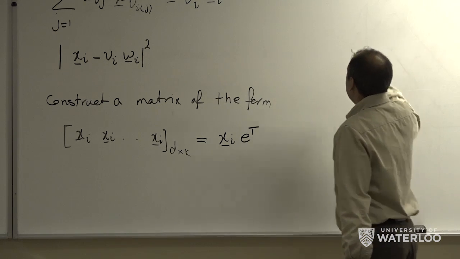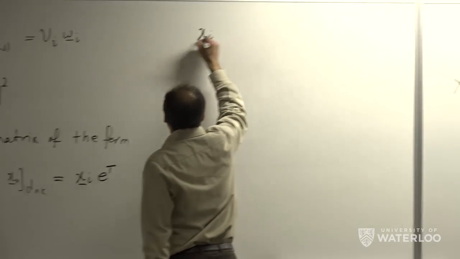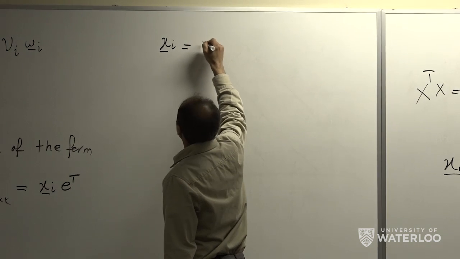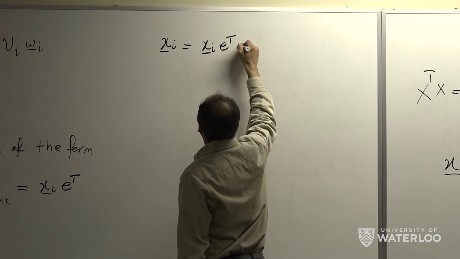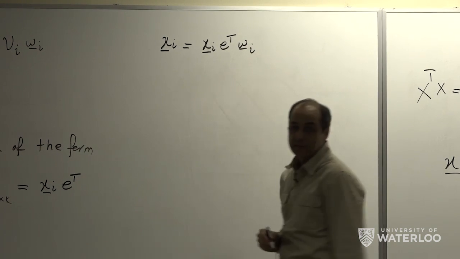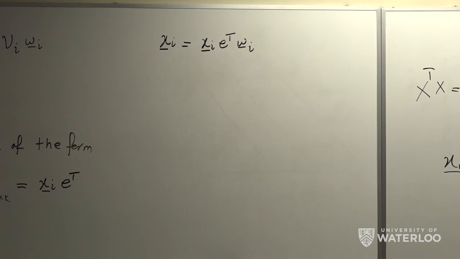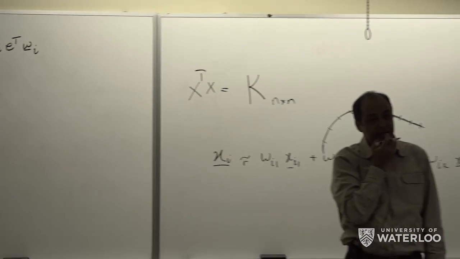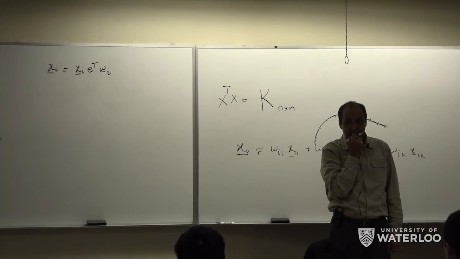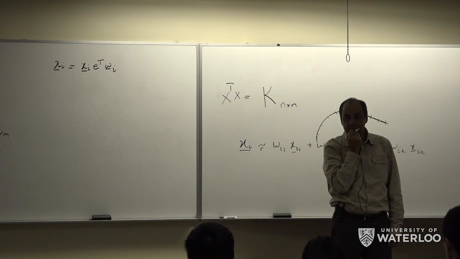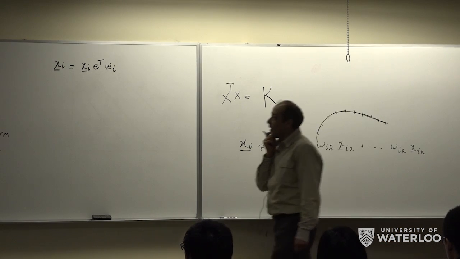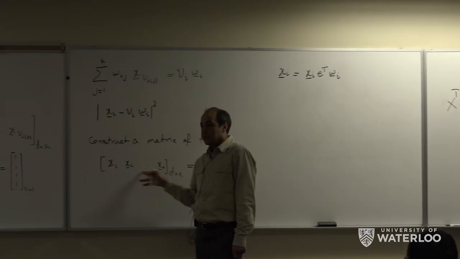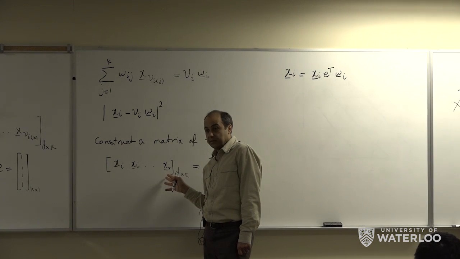Now I'm going to claim that xi is in fact xi E transpose Wi. Do you agree? I have this point repeated k times.